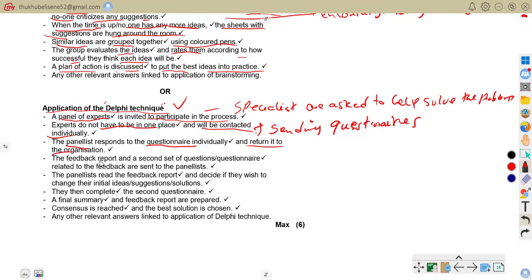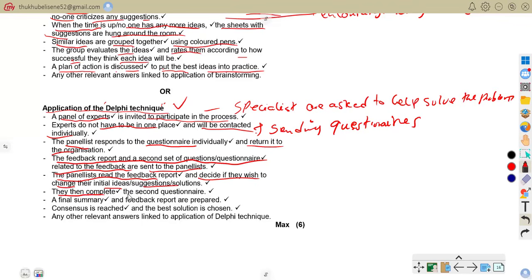Answers are combined and presented for further comment. The feedback report and a second questionnaire related to the feedback are sent to the panelists. The panelists read the feedback report and decide if they wish to change their initial ideas and suggestions to a solution.